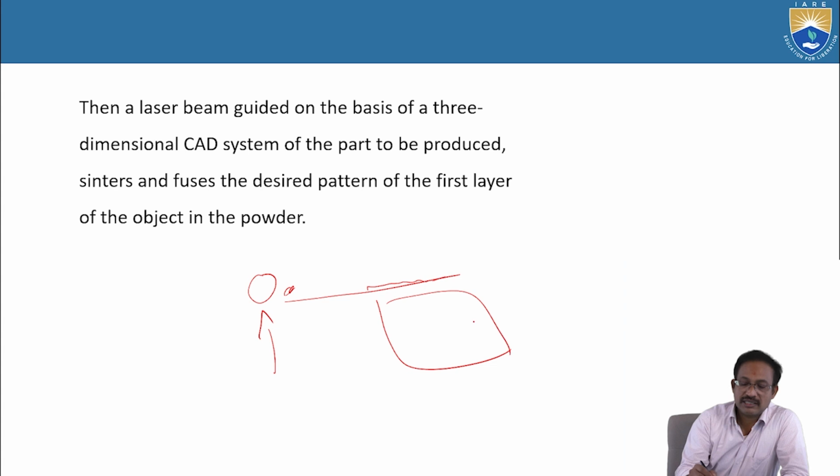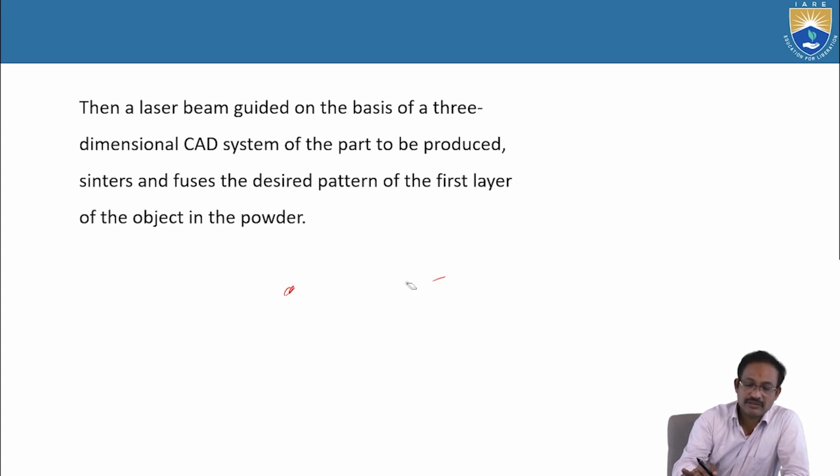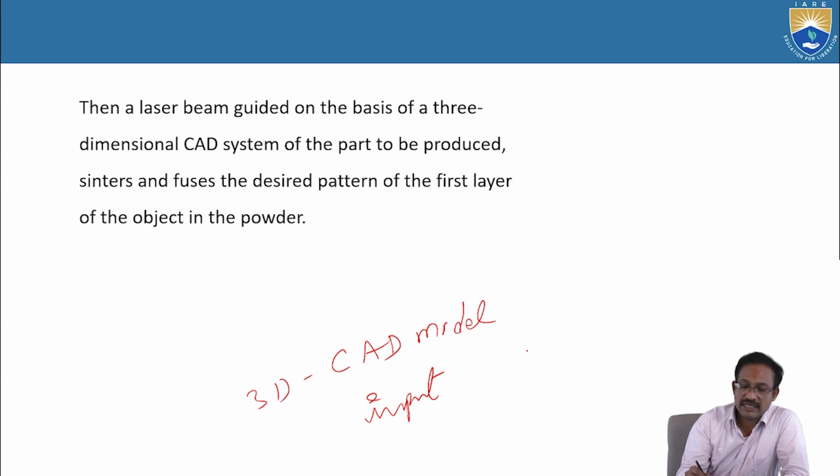Because of the laser setup, it will be fused as per the CAD model. So a 3D CAD model will be the input, and the laser system will follow this 3D CAD model.